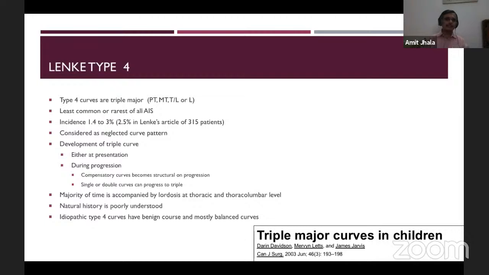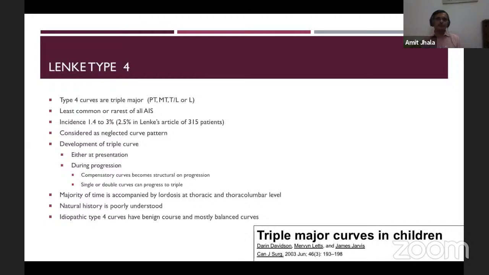To see these in routine practice, of course, off and on, you can be lucky to get these type 4 curves. But most of the time, what I have seen, they are neglected curve patterns, as Dr. Surya told. If type 1, 2, or 3 curves are neglected early onset ones, they fall into the category of type 4, because the compensatory curves, the proximal thoracic and the lower thoracic, become rigid, and then you have a triple major curve.